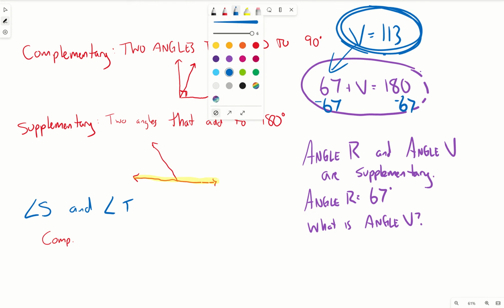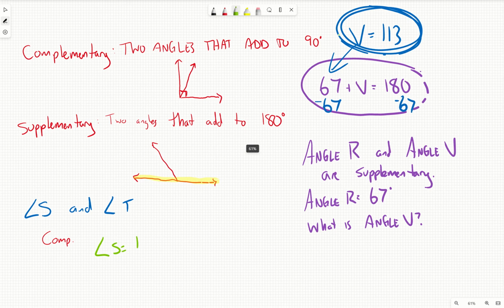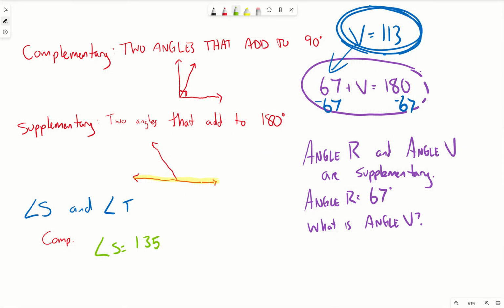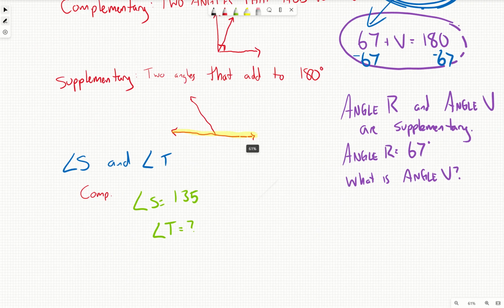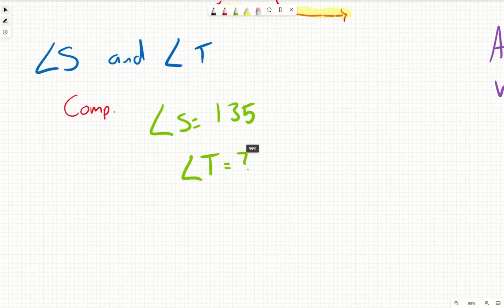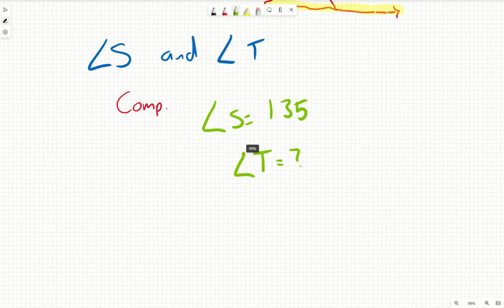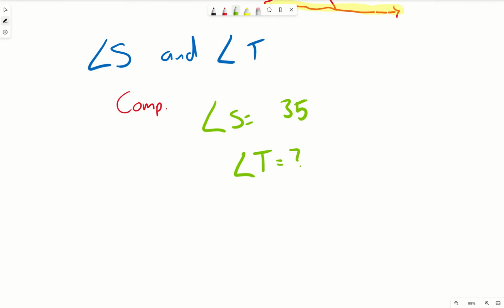And I also know that angle S is 35 degrees. How big is angle T?